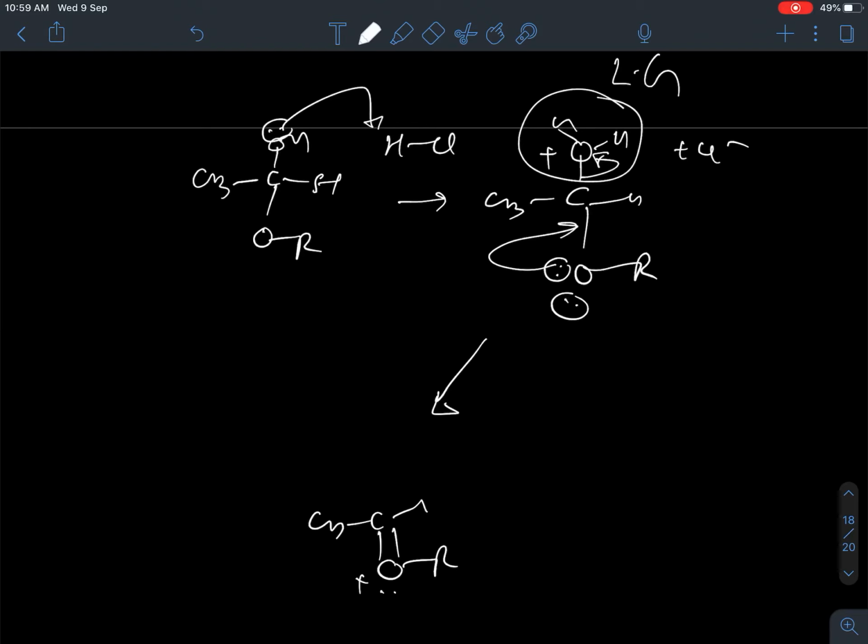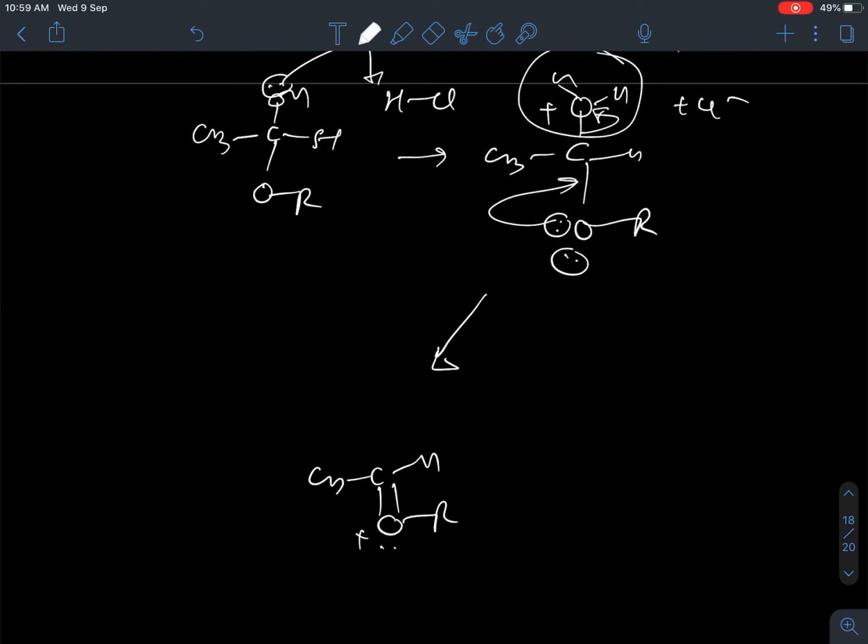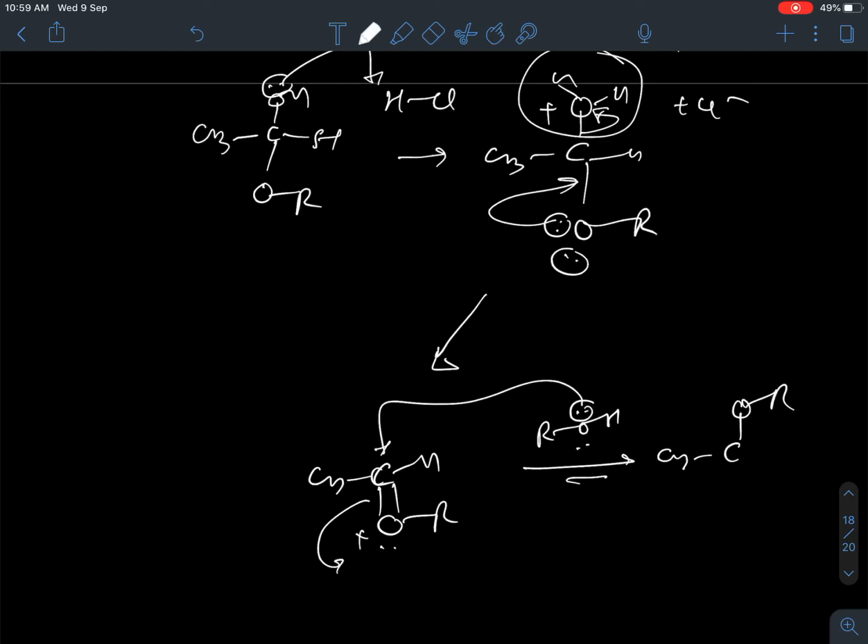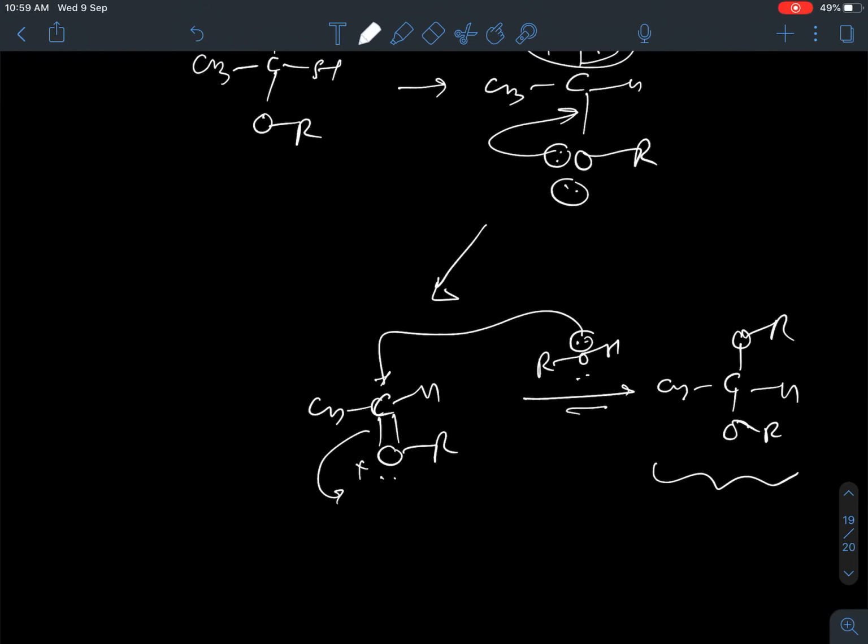And oxygen having a positive charge with 8 electrons is not a big problem for us. Now thereafter another alcohol can attack. Now look at this, this has become once again like a carbonyl group, so it will attack. Right?